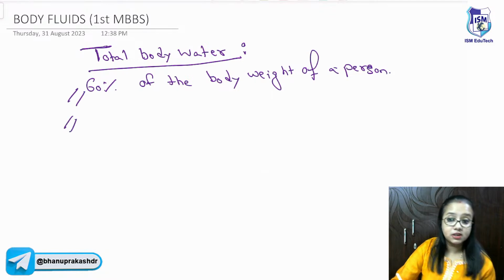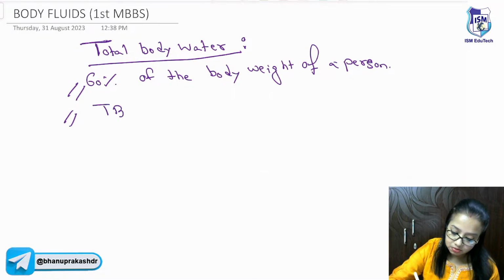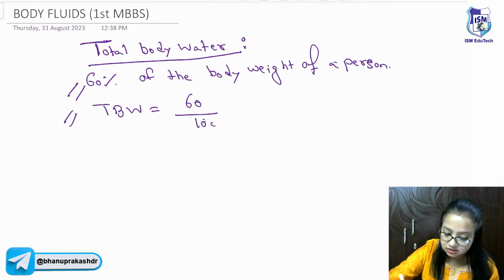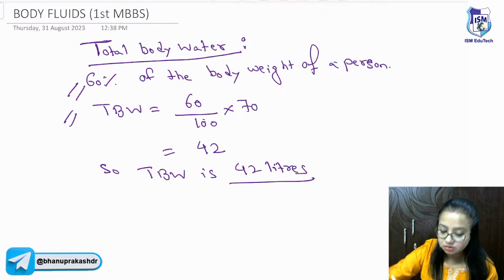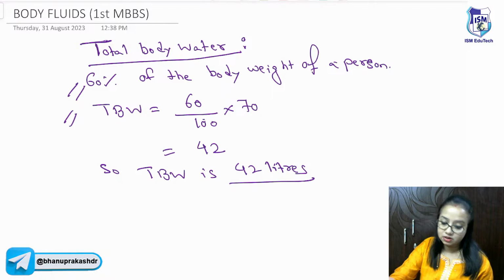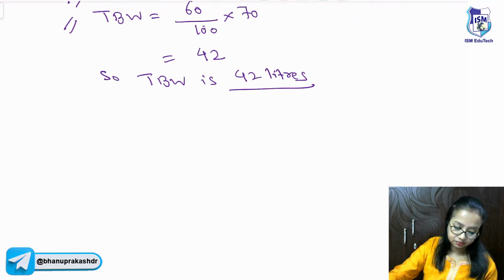Assuming that the person is 70 kgs of weight, total body water stands out to be 60% of 70 kgs, which is 42. So, total body water is 42 liters. This is the amount of body water that is present.